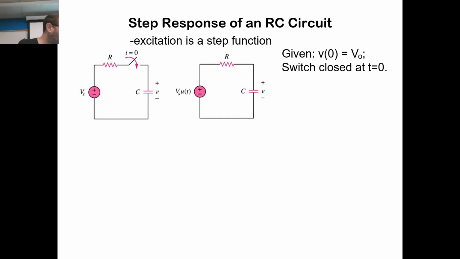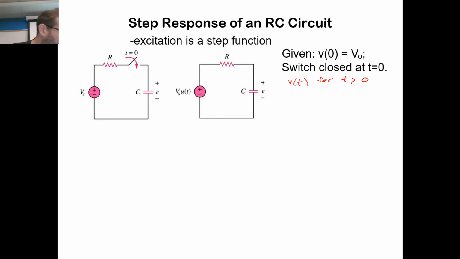I'm going to go through this probably faster than I would if you hadn't seen this ever, but you've kind of done this in physics, E&M, right? This is like an RC charging circuit. And so you've probably seen the derivation. We want to find V of t for t greater than 0.